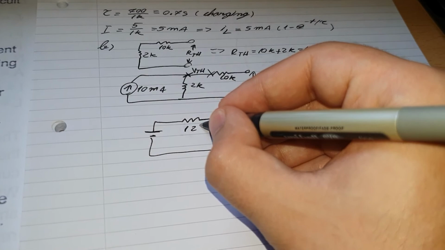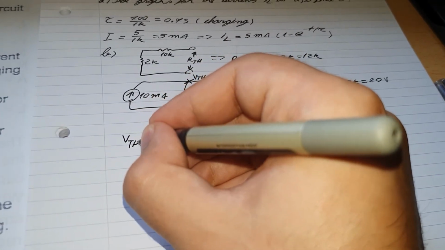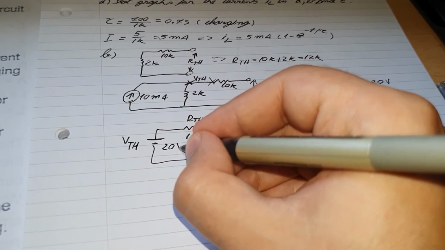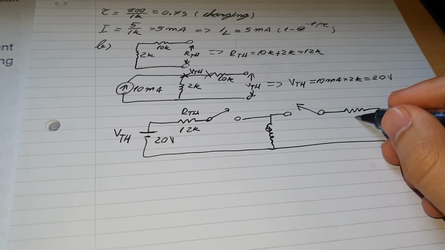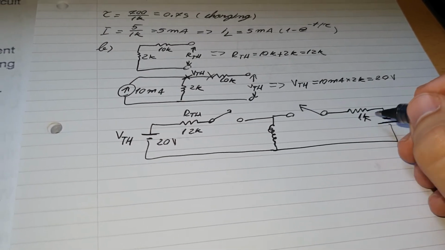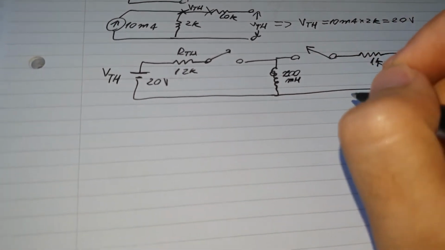This will be 12K because it's RTH. This one will be VTH, and that one will be 20 volts going through it. Great. This one will be 6 volts and this one will be 1K. And this one will of course be the 700 millihenries.